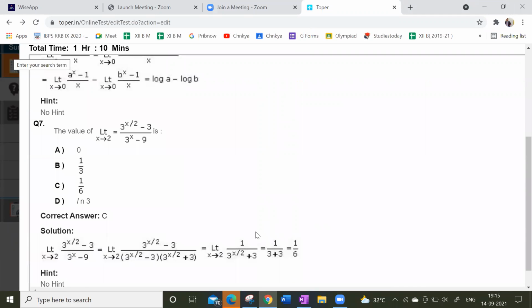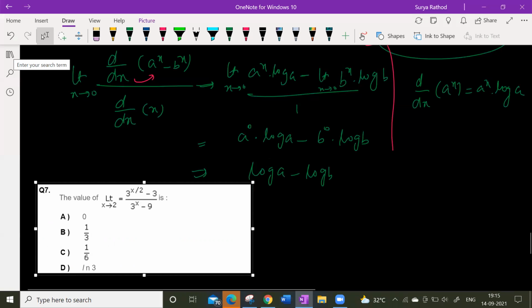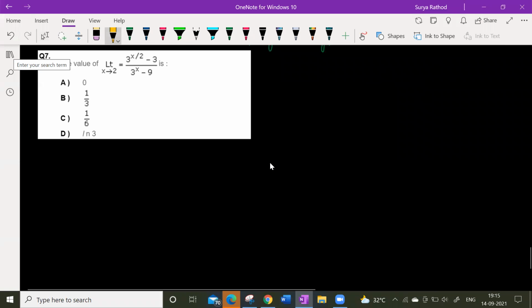Similarly, look at your first one, same L'Hospital rule. First, what to do? Substitute the value of x. So 3 to the power of 2 by 2 minus 3 by 3 to the power of 2 minus 9.